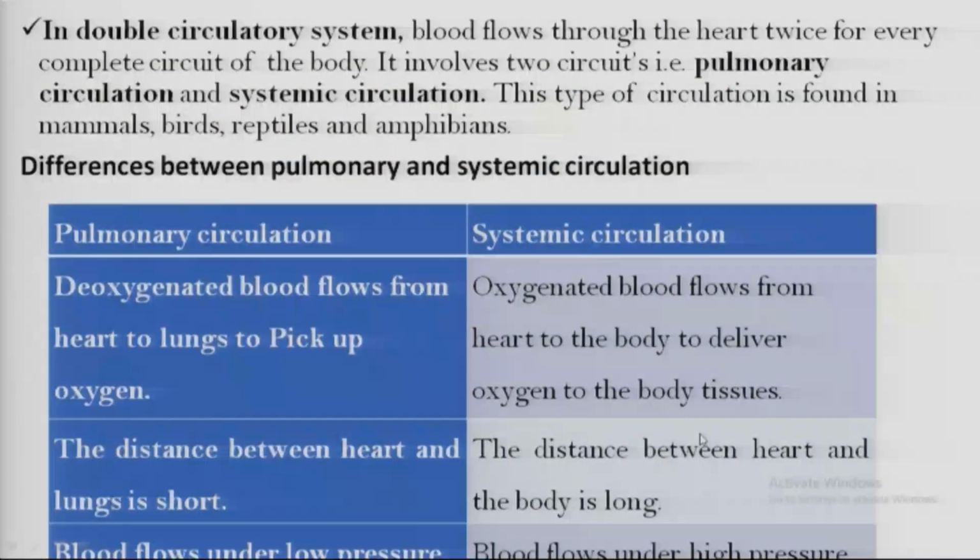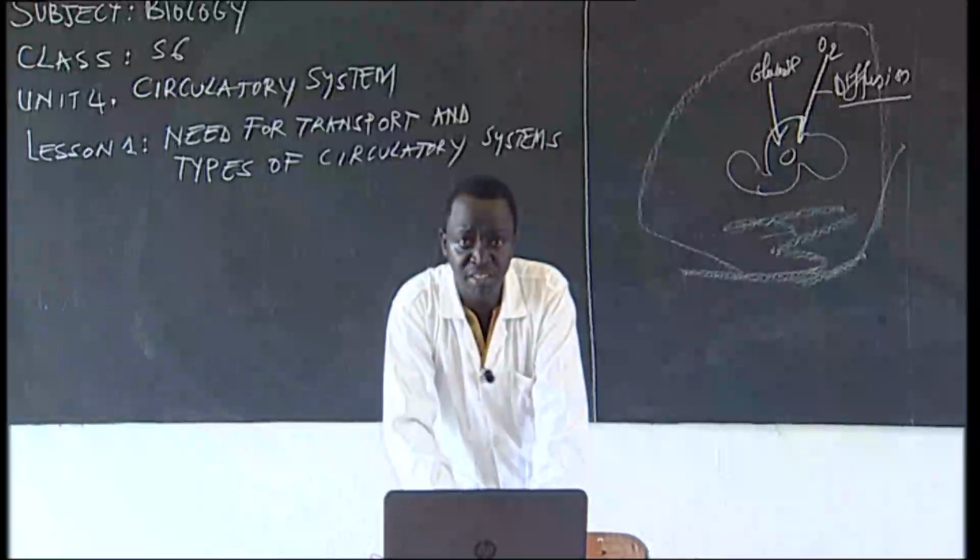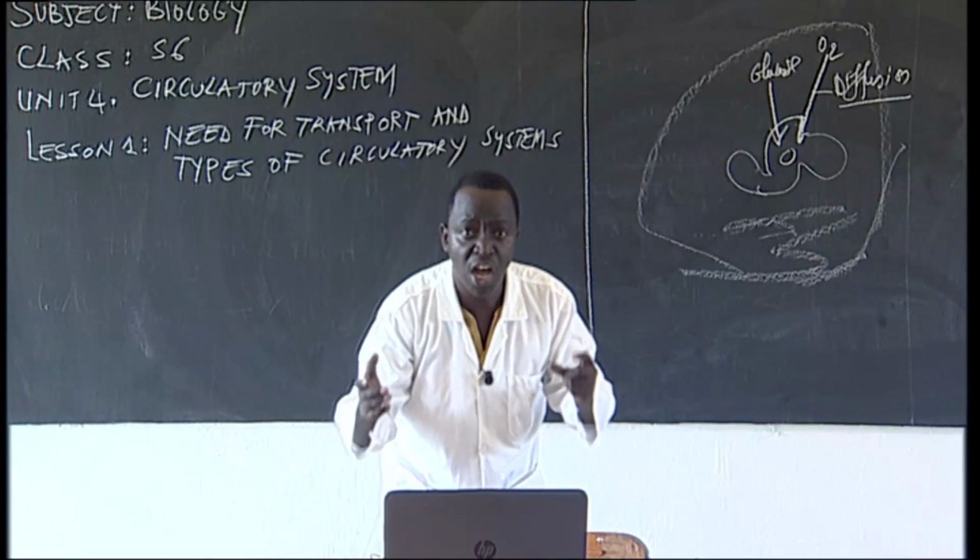And then we have also, in the double circulation, two systems, which are pulmonary circulation and systemic circulation. Pulmonary circulation is when the blood flows between lungs and what? And the heart. That's pulmonary circulation. And that way takes short distance because lungs and the heart are in close contact. Then systemic circulation is when the blood flows at long distance.